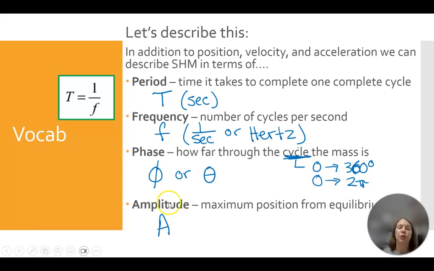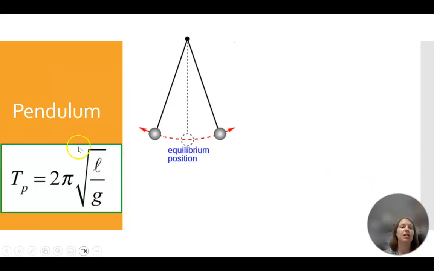And then amplitude is the maximum position from equilibrium, and we talked a little bit about that before. These equations in the green boxes are from your reference table.